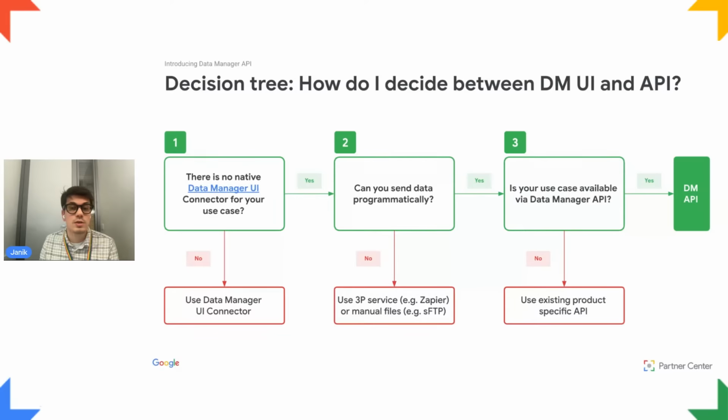If one of these two is your use case, then go ahead with the Data Manager API. If your use case is not supported, for example, the SA360 API, then use the existing product-specific API. So that is a small decision tree that might help you to decide between Data Manager UI, other APIs from Google, or the Data Manager API.